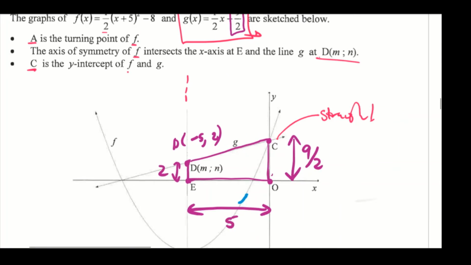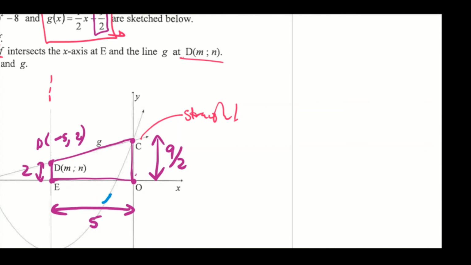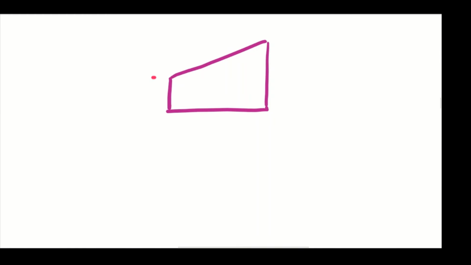So if I were to write down the shape of this trapezium, it's going to look something like this, where this is the small part, this is the large part, and this is the distance here.